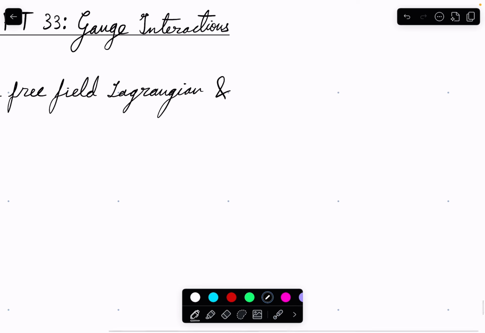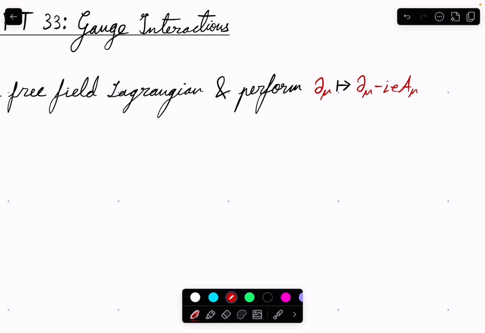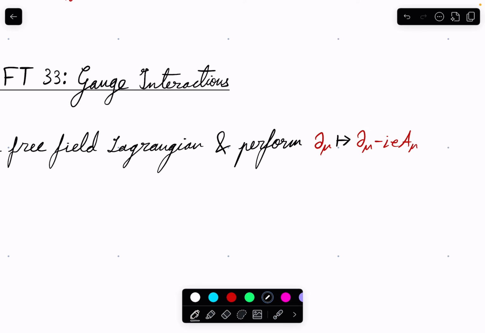Then you perform this map where you take the derivative, the gradient, and you bring it to this. This is the covariant derivative. So you map to this. This is the covariant derivative.